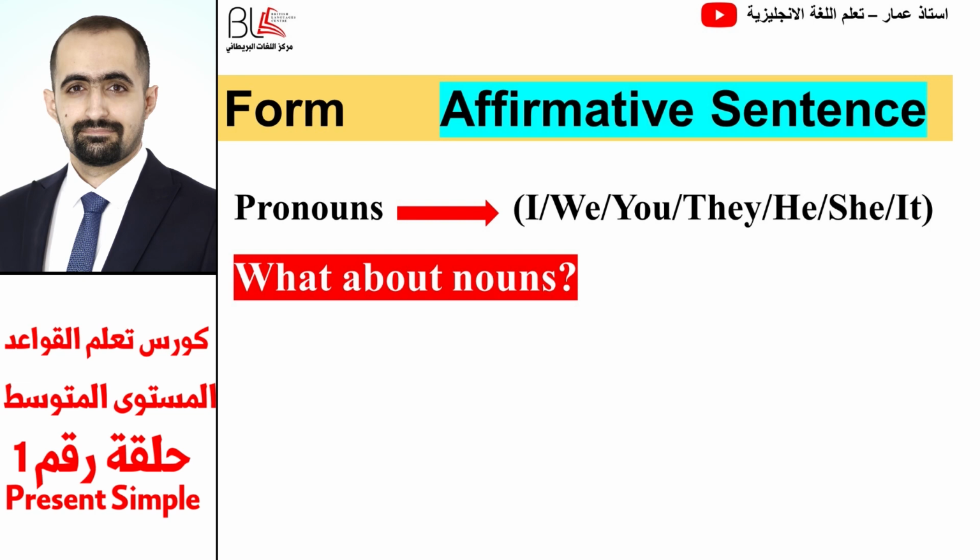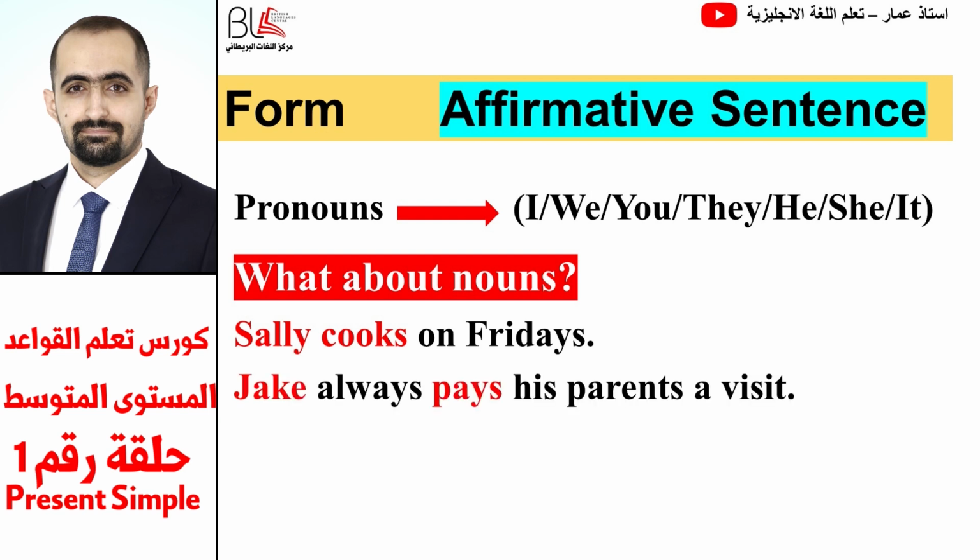What about nouns؟ وماذا عن الأسماء في حال لو بدأت الجملة باسم؟ For example, Sally cooks on Fridays. Sally نعم ممكن أن نفكر بها كما لو أنها she، والشي تأخذ مثل ما شرحناها s للفعل. Sally cooks. She cooks on Fridays.